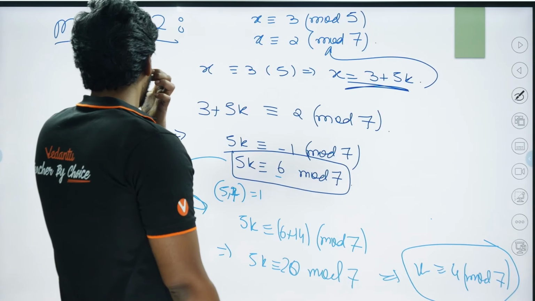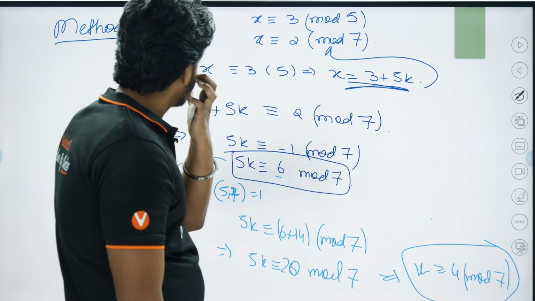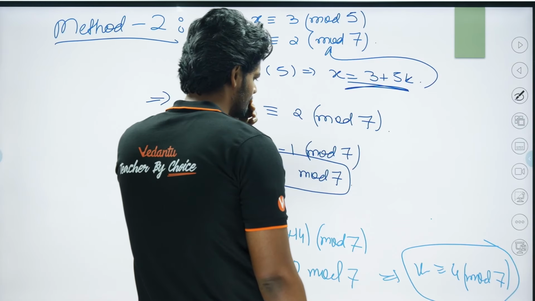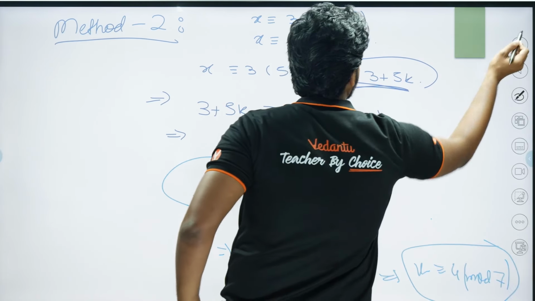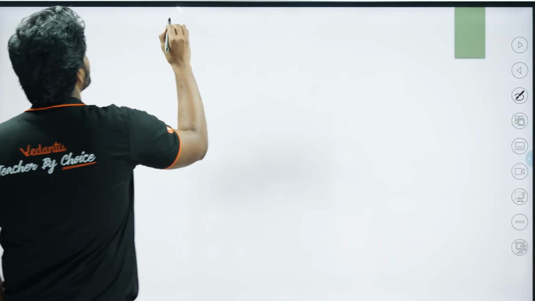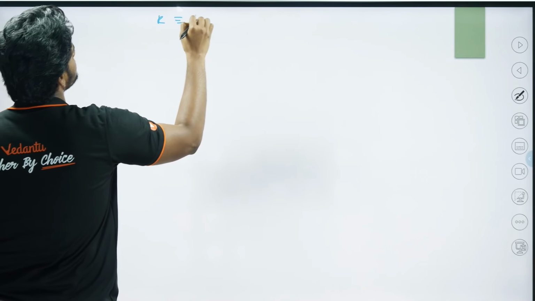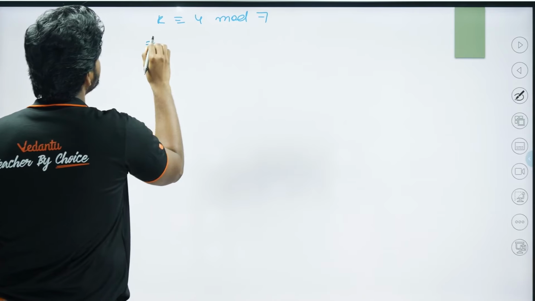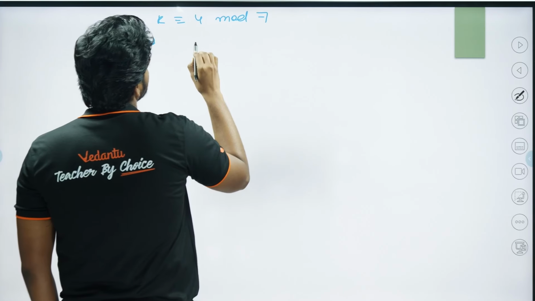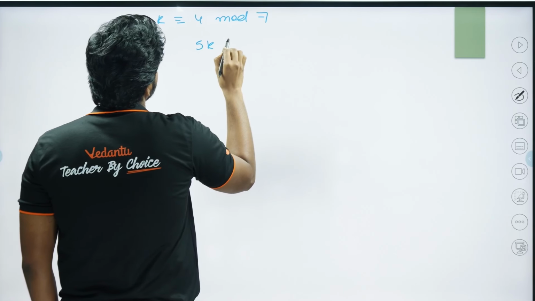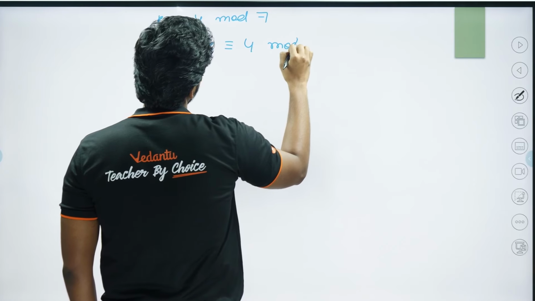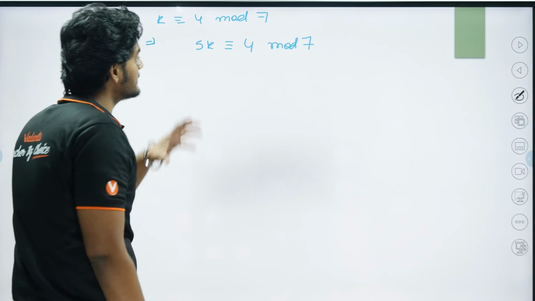Now whenever k is 4 mod 7, look at this. That tells me a little bit more.